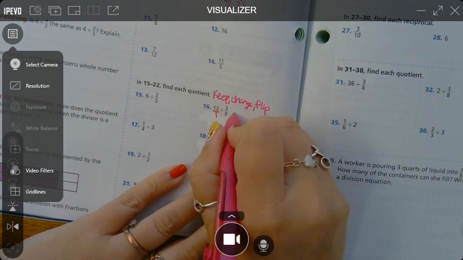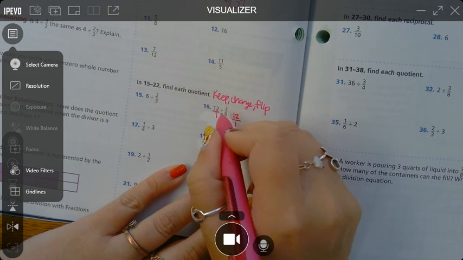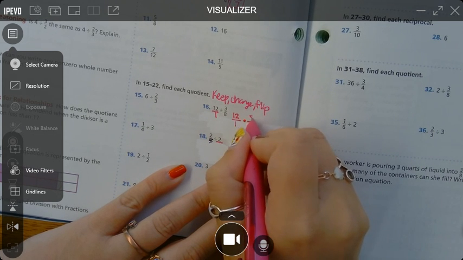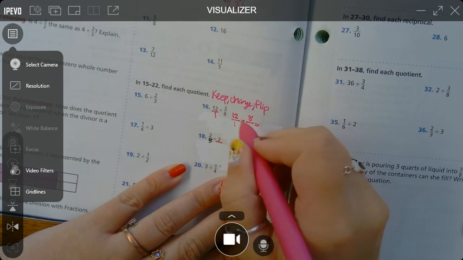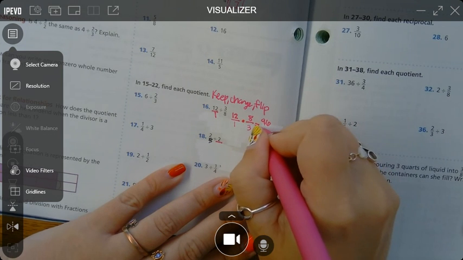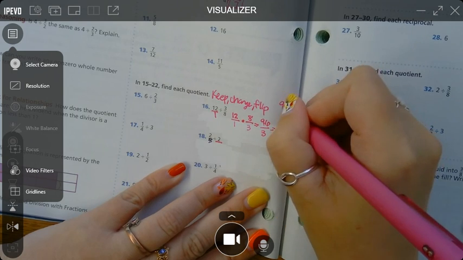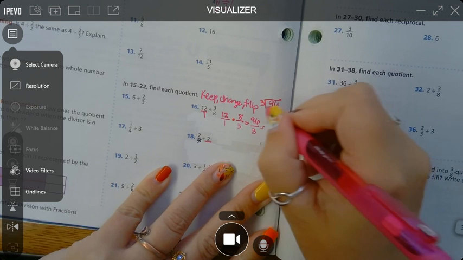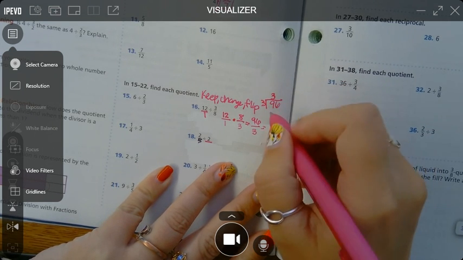So once I have that, I do keep the first fraction the same, change division to multiplication, and flip that second fraction. Okay, when I multiply across, I get 12 times 8 is 96, and 1 times 3 is 3. But then I would have to do 96 divided by 3, and 3 goes into 96. Well, it goes in 9 times.